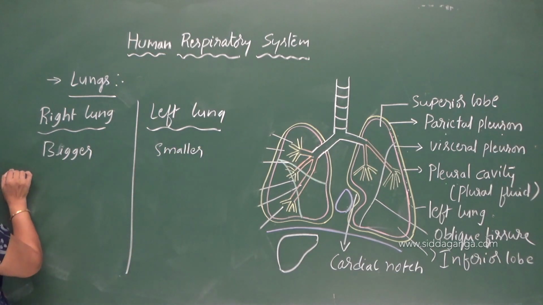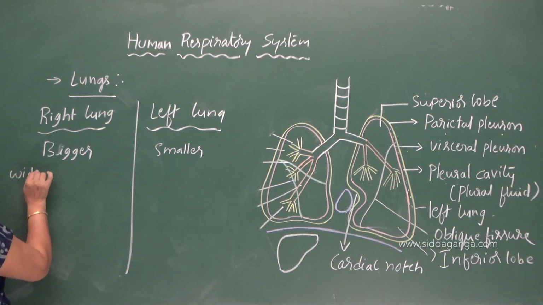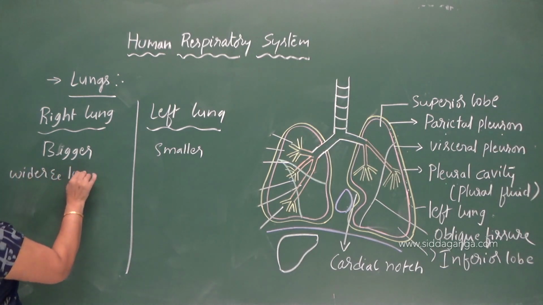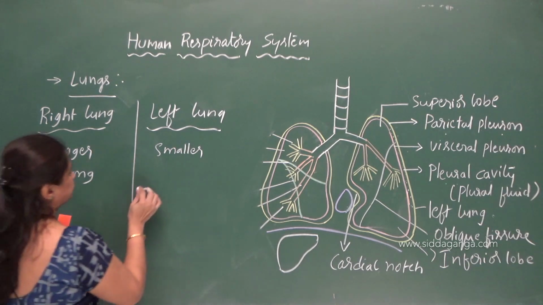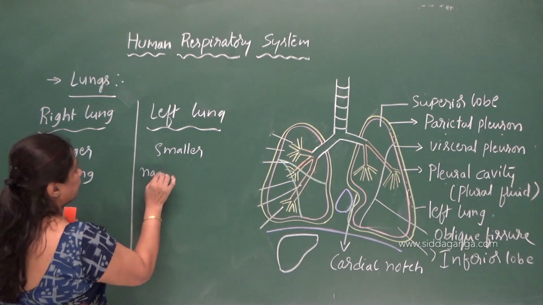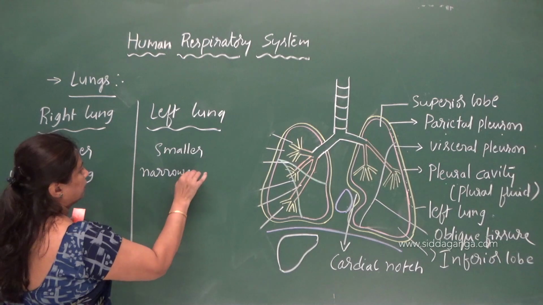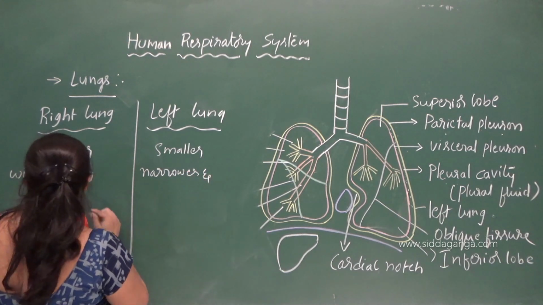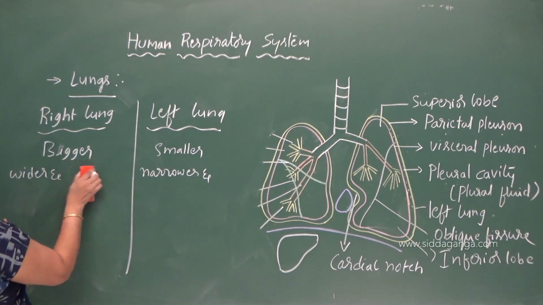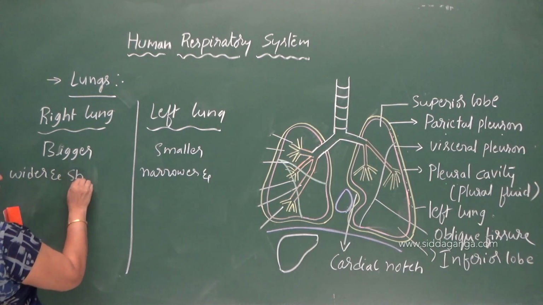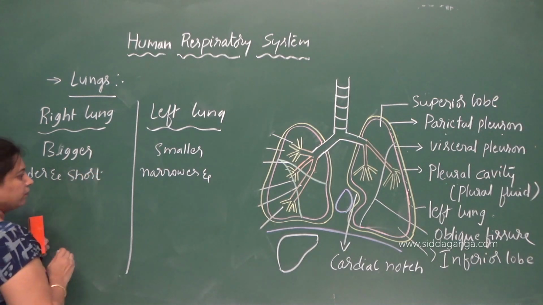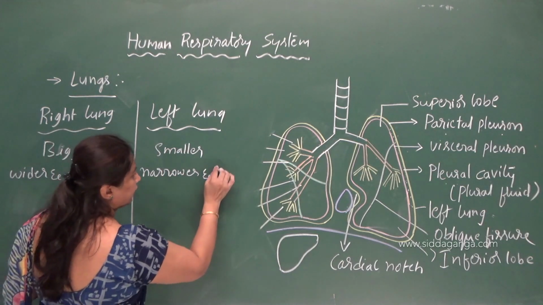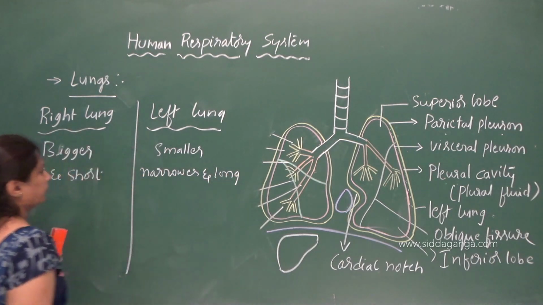The right lung is wider and the left lung is narrower, and the right lung is not long, it is short because of the raised diaphragm, whereas the left lung is narrower and long.